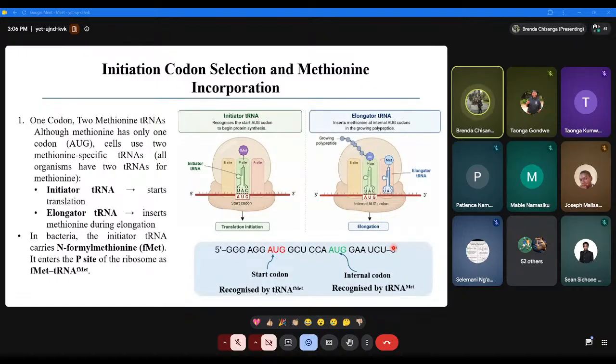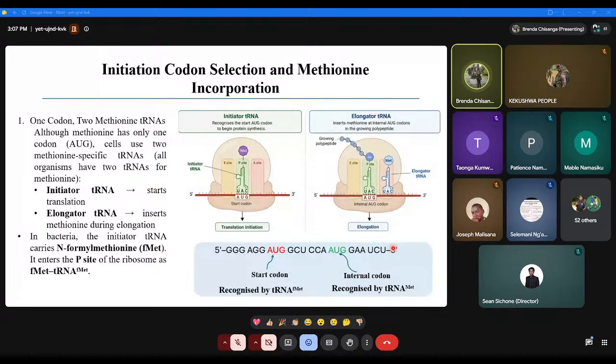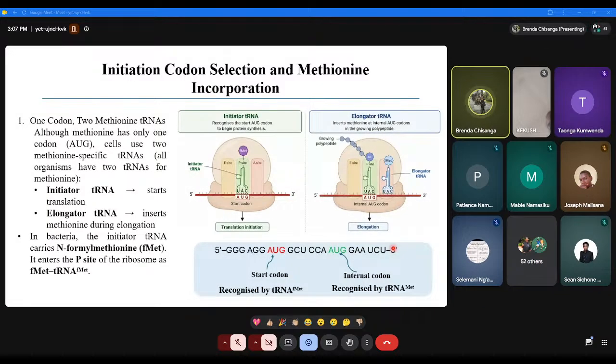Now, these two are different, even in the positions they occupy in the ribosome. The tRNA that recognizes the start codon goes straight to the P site. The tRNA that also brings in methionine to recognize the codon anywhere else along the mRNA enters the A site. And this allows the machinery to know where to start reading this information on the mRNA.